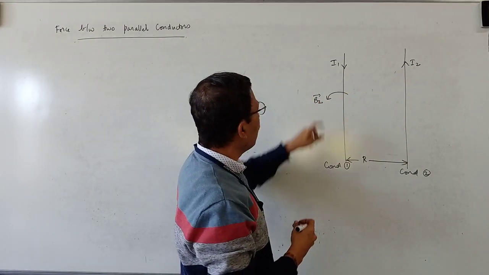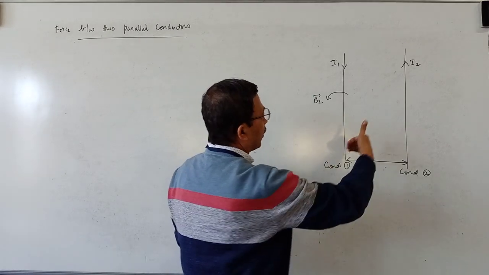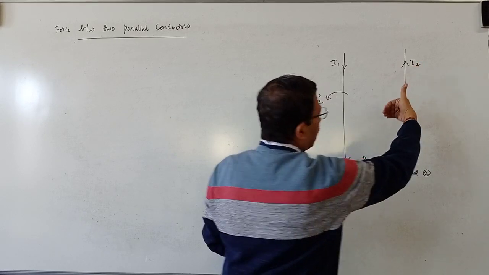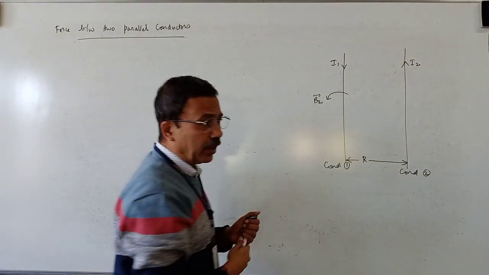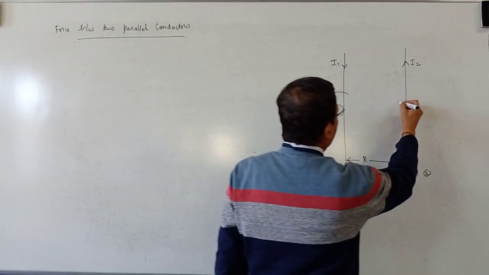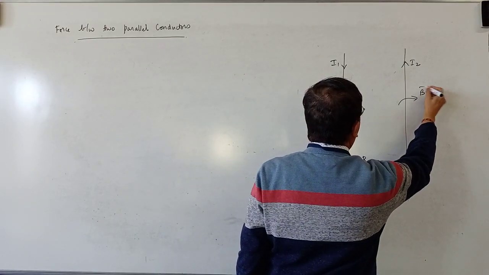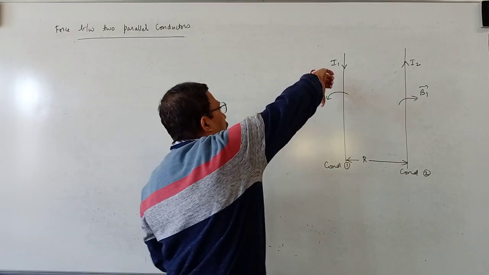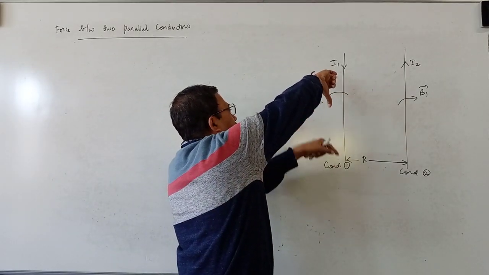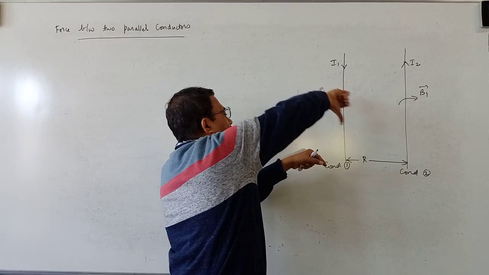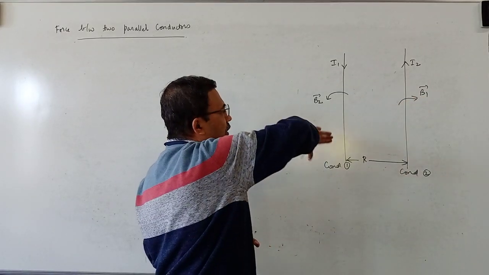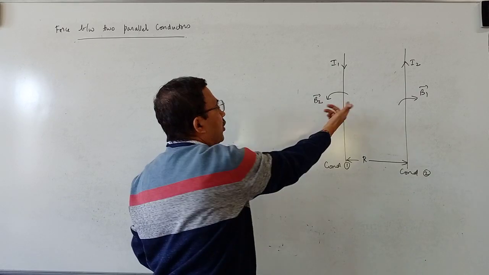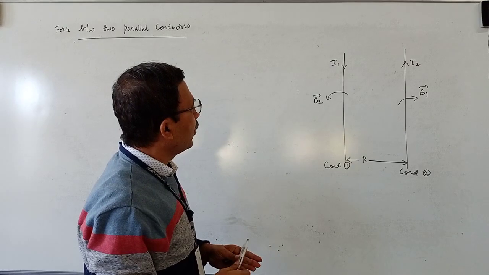Similarly, this is the direction of vector B1, produced by current I1. Thumb is now in the direction of I1, fingers are in the direction of vector B1. That means vector B1 is in the clockwise direction and vector B2 is in the anti-clockwise direction.